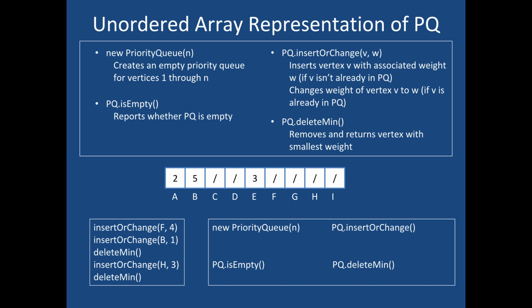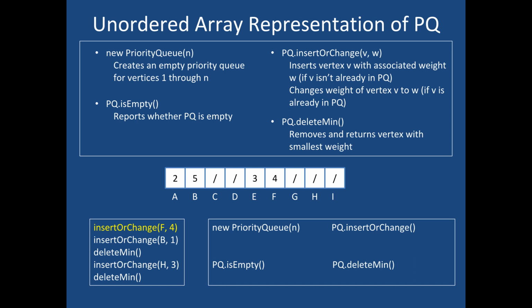so we can easily report whether it's empty or not. What's it going to take to do an insert or change operation? So suppose we want to insert F into the priority queue. What do we do? Yeah, we just go to index F and insert the 4, and we're done. So because we're using the array, the vertex names as indexes into the array, or into a hash map if you prefer to think about it that way, it's easy to insert it.